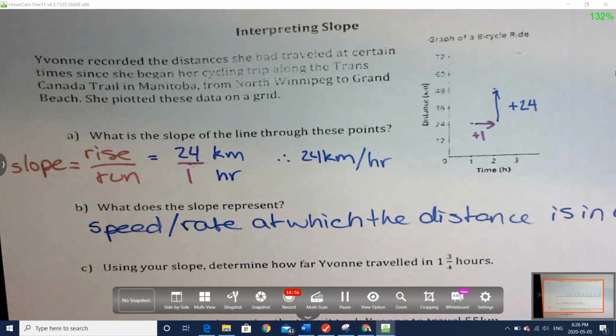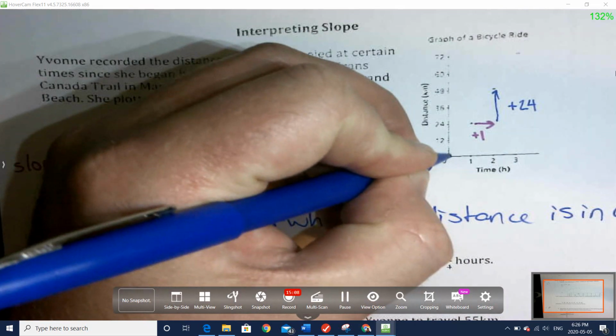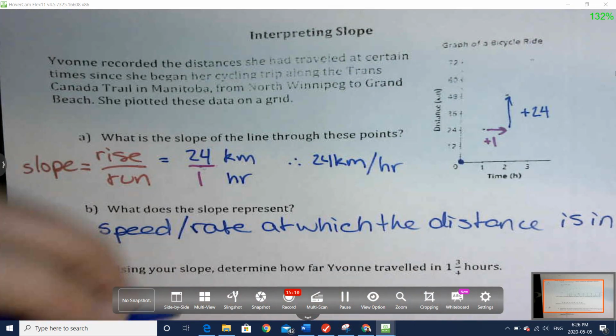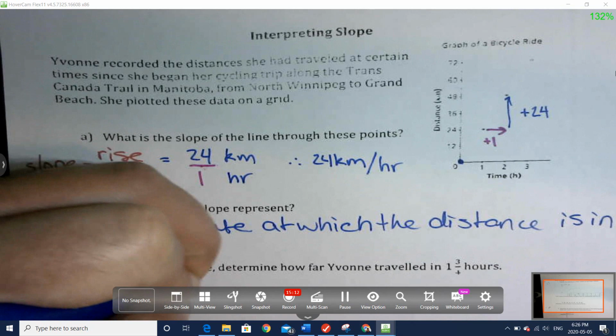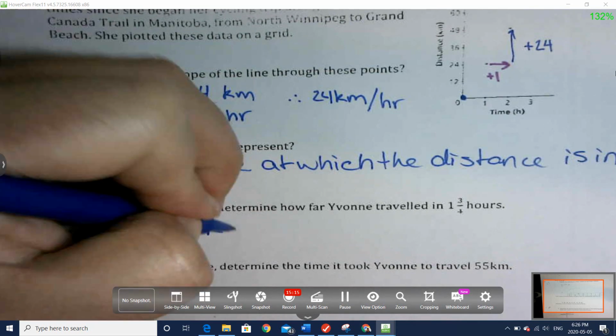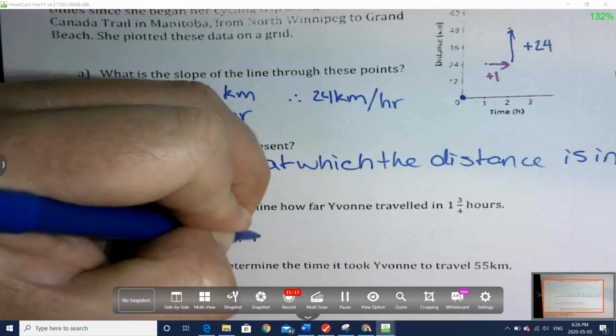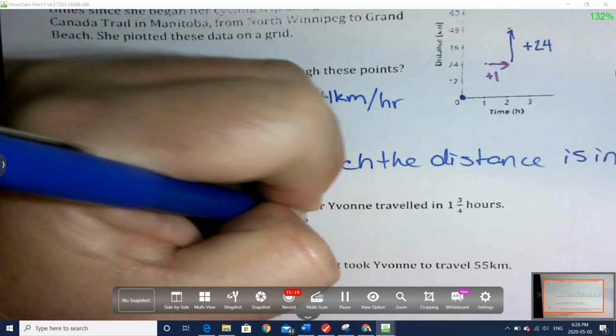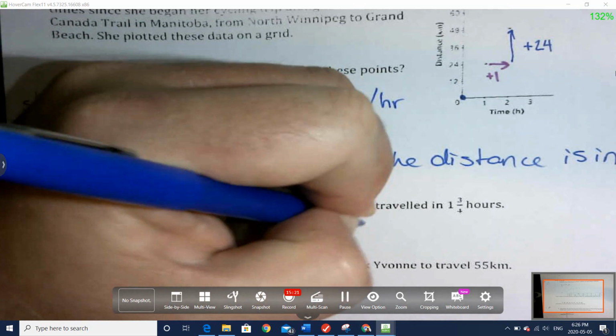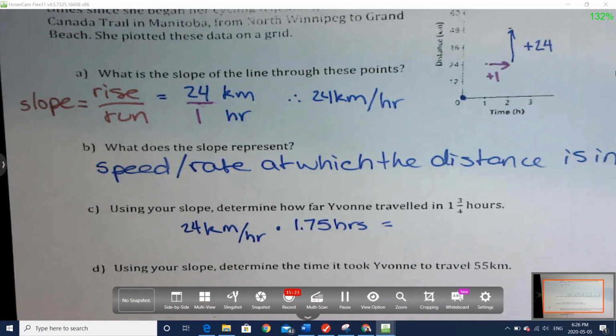Now we can either use our graph to determine the answer to question C here, using your slope to determine how far Yvonne traveled in 1 3/4 of an hour. That means we would just say if she started at time 0 here, distance 0, that means we would take the slope, which is 24 kilometers an hour, and we would multiply by 1.75 hours to get the value of how far we are in kilometers.